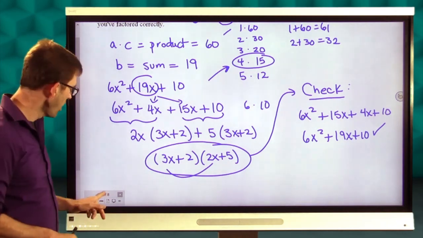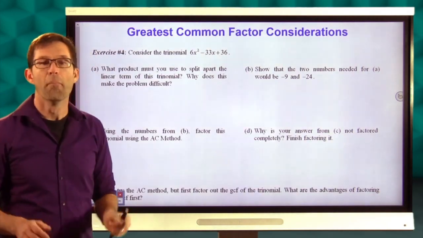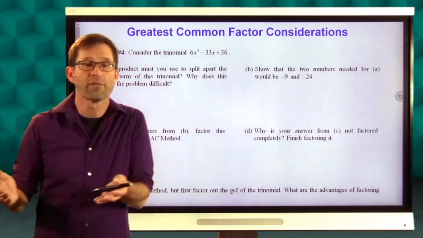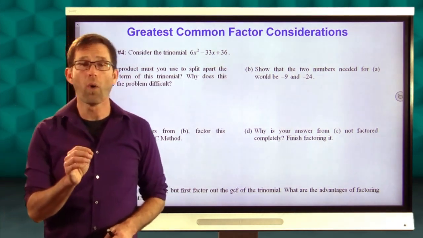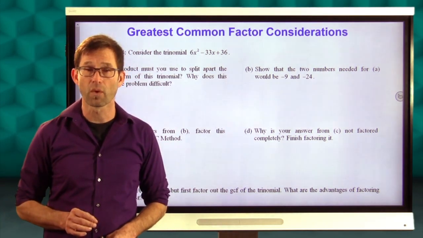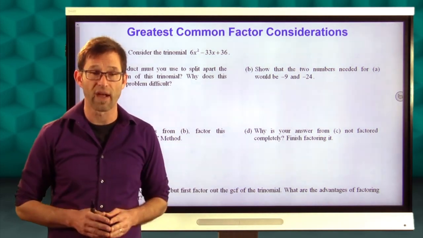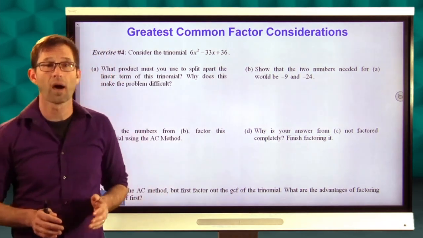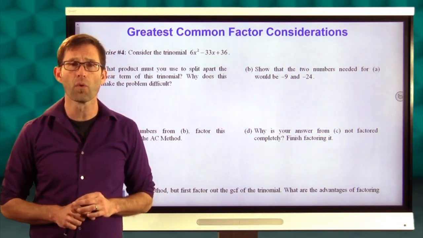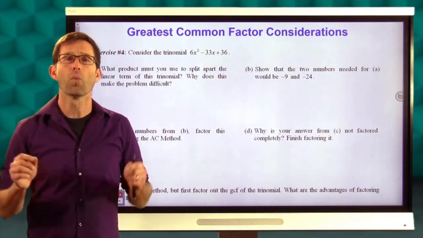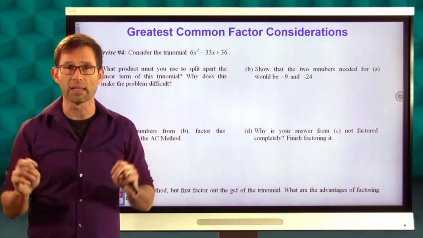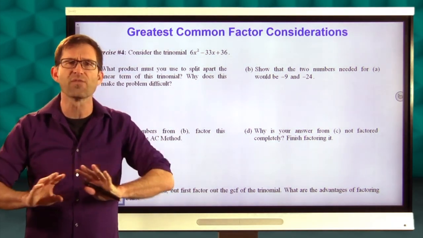Now, oftentimes with algebraic techniques, there's a, but what if? There's basically only one what if in this technique, and that's if the trinomial contains a greatest common factor. If it does, you want to be a little bit careful, because oftentimes we want to factor something completely, meaning that it's as factored as it can get.